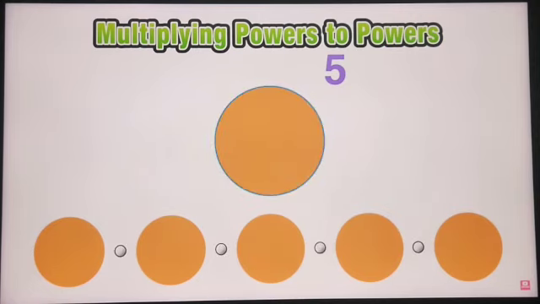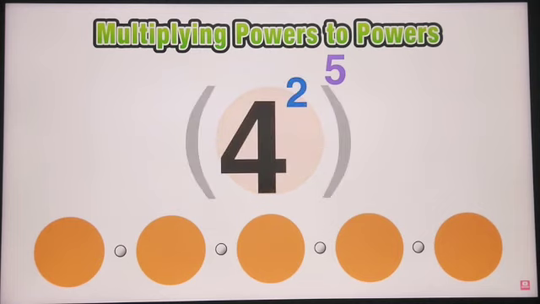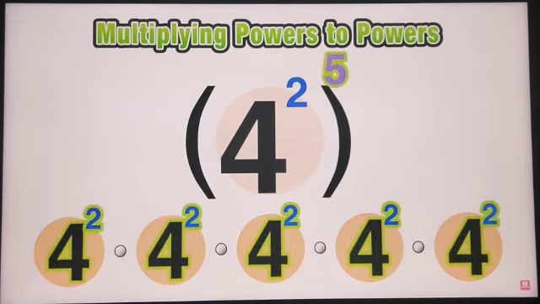Now what if instead of an orange circle, I had something like 4 squared being raised to the 5th power? Well, the same relationships associated with the exponents would apply, and I would treat that 4 squared the same way that I treated that orange circle, and I would replace each one with 4 squared. So now instead of 5 orange circles being multiplied together, I have 5 4 squareds being multiplied together.